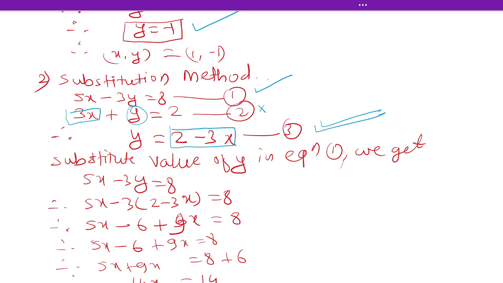So when we put this value, we will have y equals to 2 minus 3 into 1, which leads us to y equals to minus 1, and hence we got the answer: x, y equals to 1 and minus 1. So this is how we write it. Okay, so thank you.